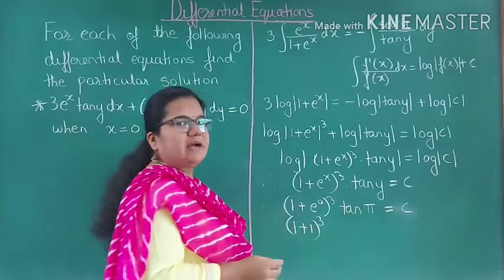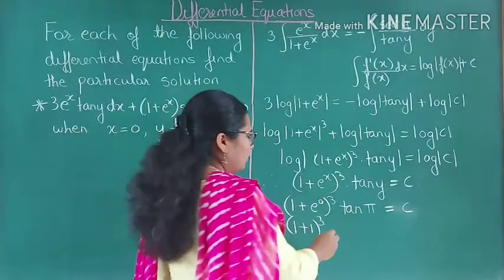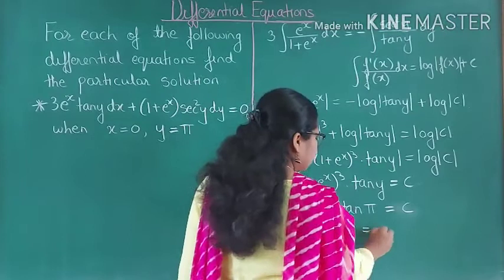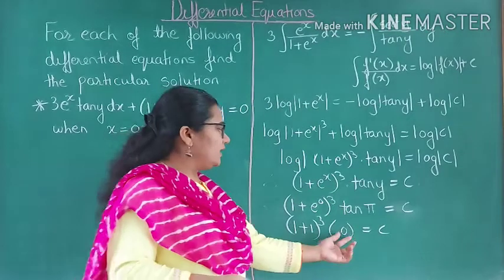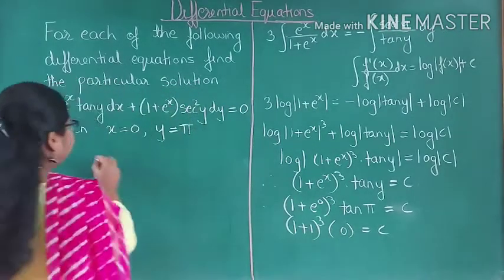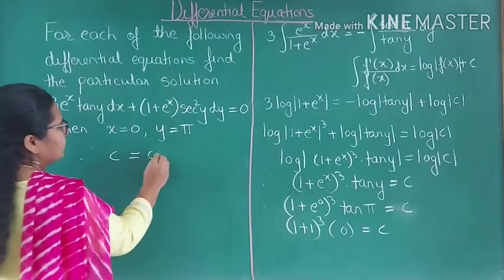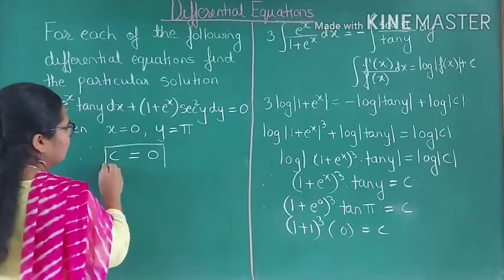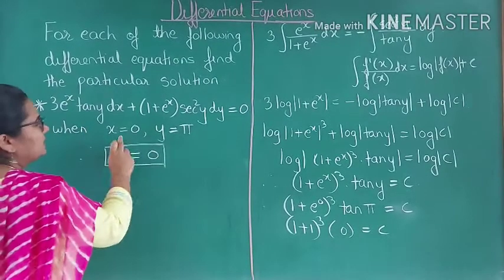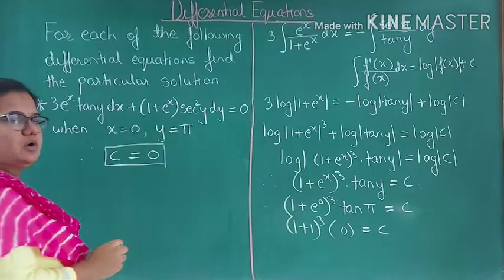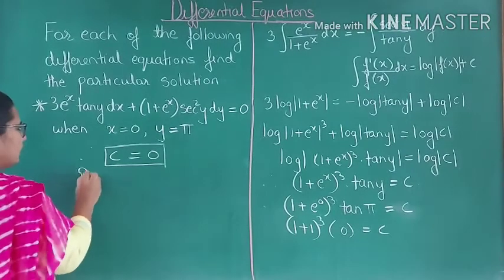So what is tan pi equal to? Tan pi, we all know, is 0, is equal to c. So anything into 0 is 0. Therefore the value of c is equal to 0. So here you get the value of c at x equal to 0 and y equal to pi. Therefore, what is the particular solution?